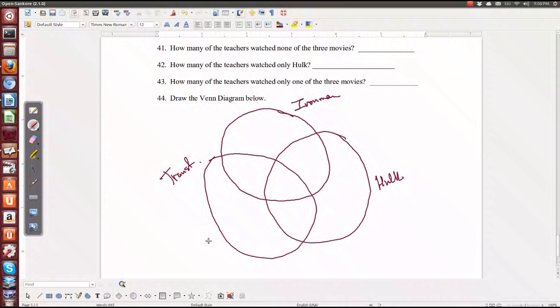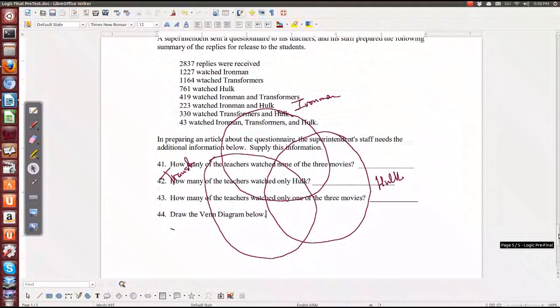And I need to figure out where this data is going to go in these three sets. So let's take a look at the data.